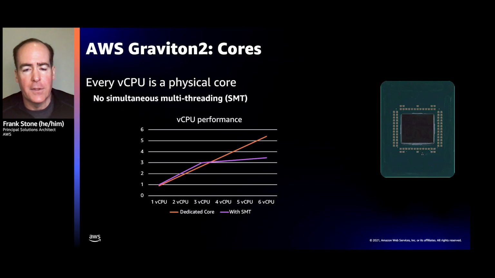You have a dedicated physical core, you've got the caches that I mentioned, and they're not contending for resources. But for processors that use simultaneous multi-threading, as you get to using more of the actual virtual CPUs on a processor, there starts to be contention and you see a drop-off in performance. So that's a significant benefit for heavy loads that use the Graviton processors. They can expect that consistency in performance.